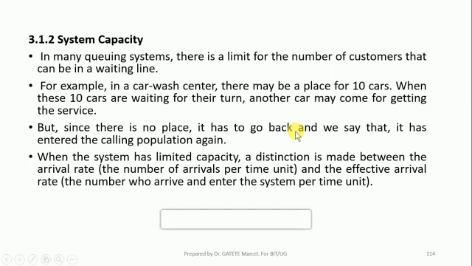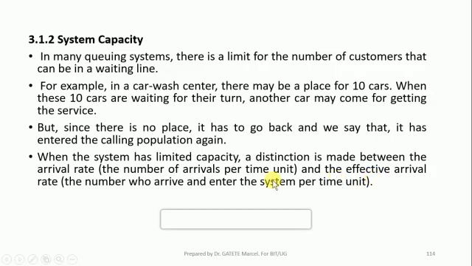In that case we say that it has entered the calling population again, because it is still outside the queuing system. So when the system has limited capacity, the capacity of the system is 10 cars.